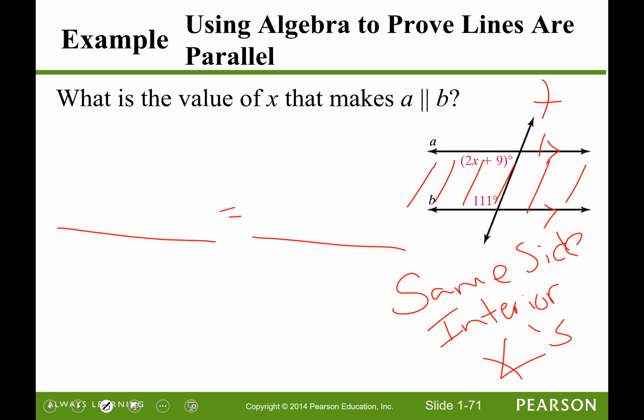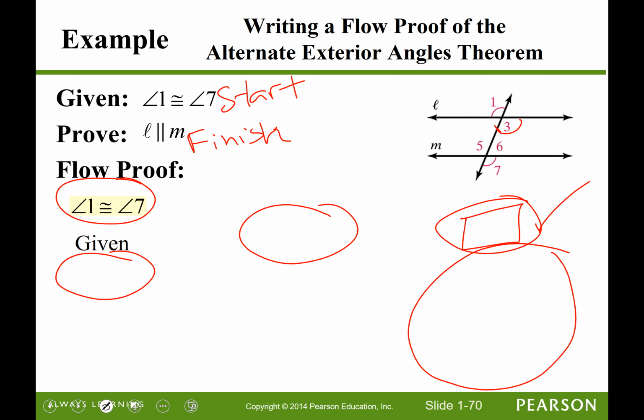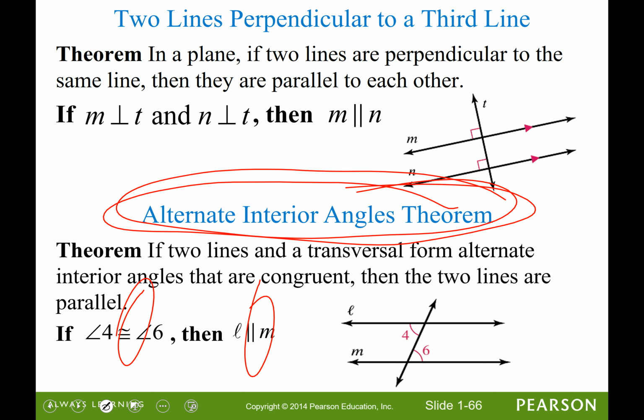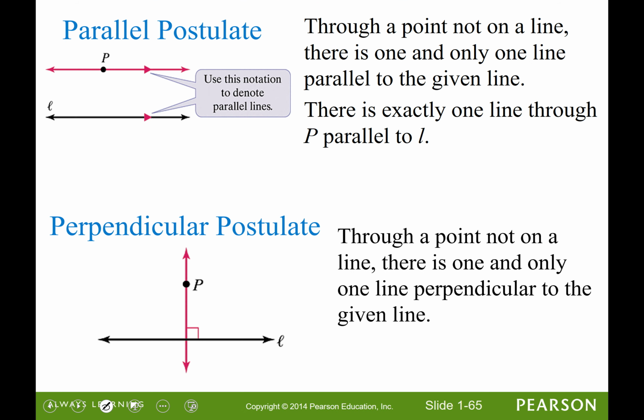For those two lines to be parallel, same side interior angles either had to be congruent or supplementary. Do you guys remember which one? If you said same side interior angles need to be, where is that postulate?